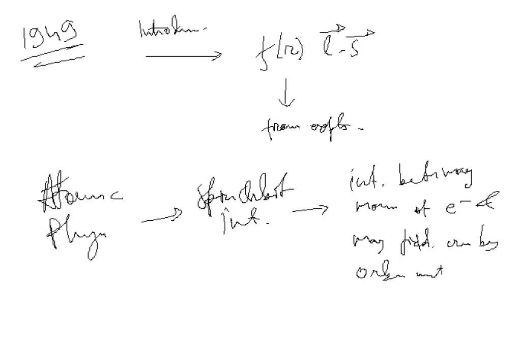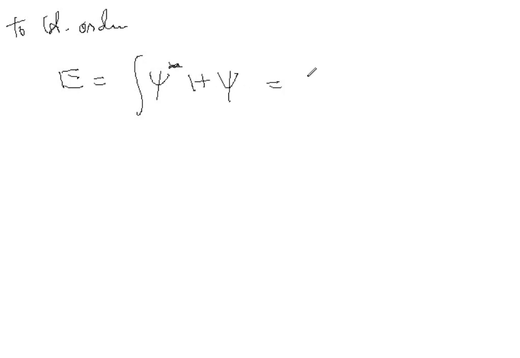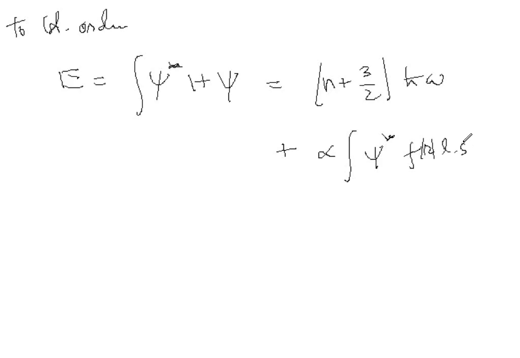The new values, to first order, we can write like this: psi star H psi, and so this is (n plus 3/2) h-bar omega plus alpha psi star F(r) L dot S psi, where of course alpha is a proportionality constant.